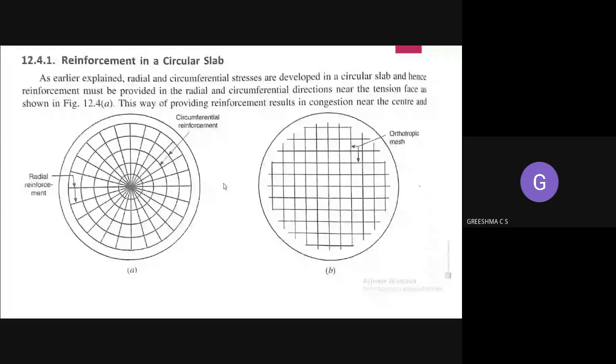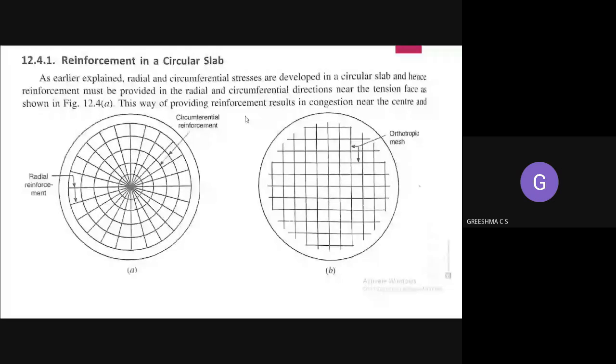So in a circular slab, you are providing two types of reinforcement, that is radial and circumferential reinforcement, and mesh reinforcement. Mesh means, simply, you can see this is a mesh.